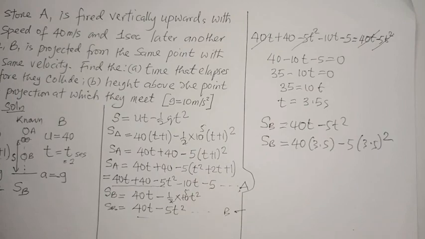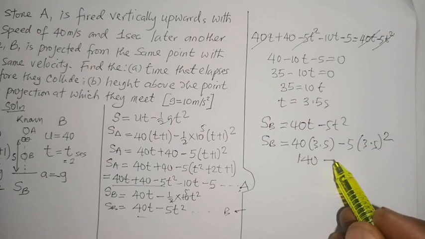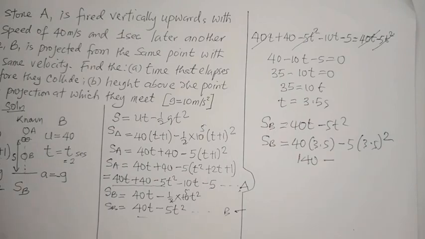By the time we do the calculation using our calculator, 40 multiplied by 3.5 gives 140, minus 3.5 squared times 5, which gives 61.25.